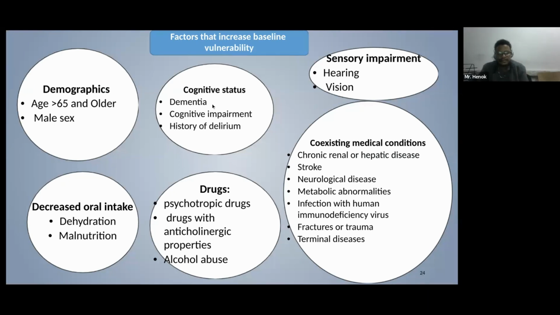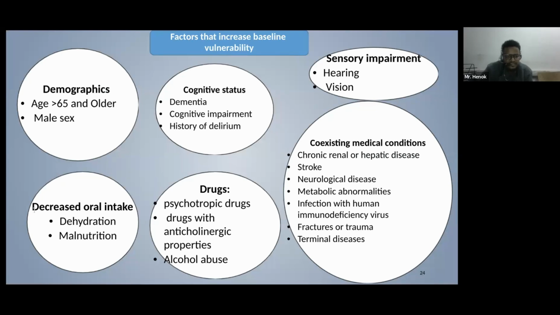Having a diagnosis of major neurocognitive disorder according to DSM-5 or dementia, having a history of cognitive impairment, and having a previous history of delirium can put patients at risk of delirium. Patients with sensory impairment, whether hearing impairment or visual impairment, can be a predisposing factor for delirium.